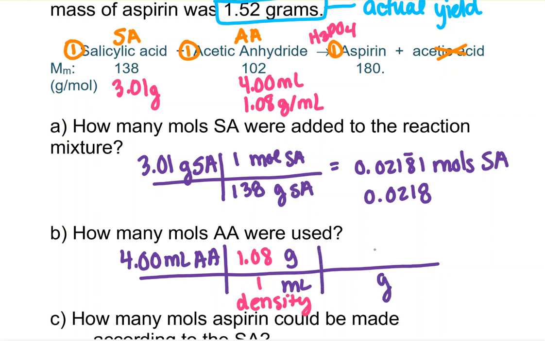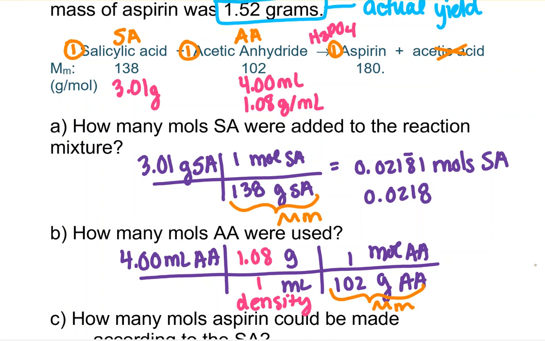And then from grams we go to moles, and this is once again a molar mass. Let's just mark both of these: that one's the molar mass of salicylic acid, and this is the molar mass for that step.